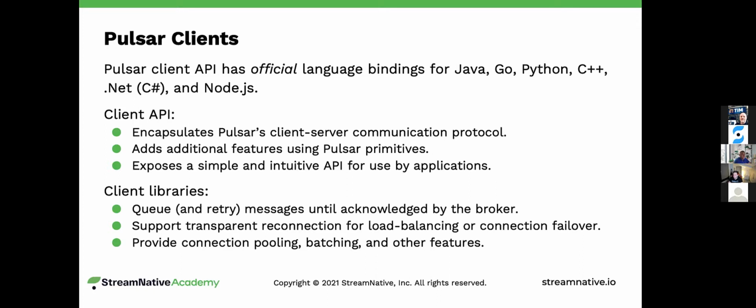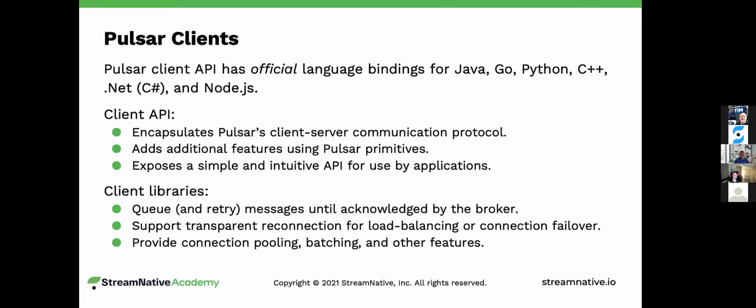It encapsulates the client-server communication protocol, the low-level bytes of sending and consuming the messages, so your application logic doesn't have to concern itself with that. It adds some additional Pulsar primitives and exposes a simple API for applications to use for publishing and subscribing. You say, I want to produce messages, I want to receive messages, and it provides an abstract API for your applications to do that.